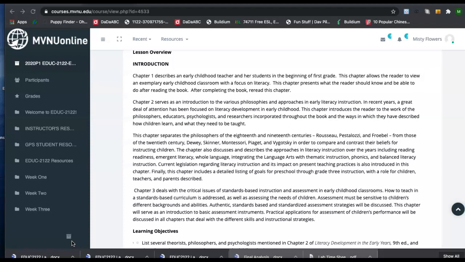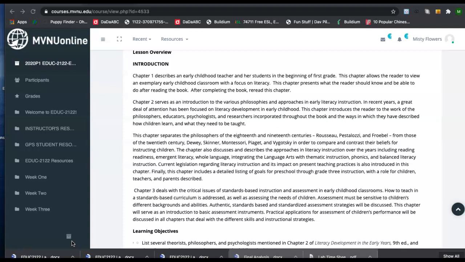In recent years, there's been a great deal of attention focused on literacy development in early childhood, and this chapter introduces you to the work of the philosophers, educators, psychologists, and researchers incorporated throughout the book, and the ways in which they have described how children learn and what they may need to be taught. And it divides the philosophers into 18th and 19th centuries.